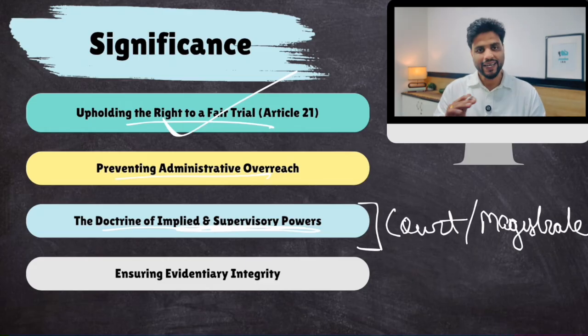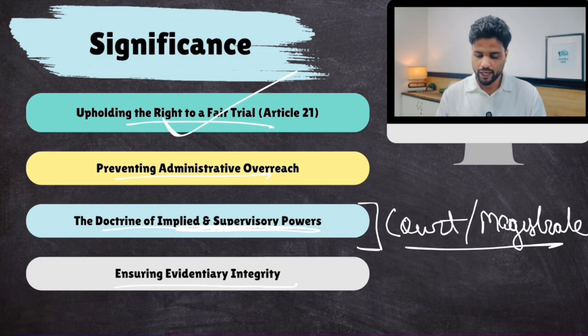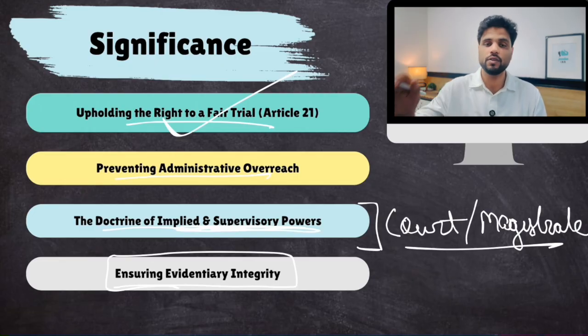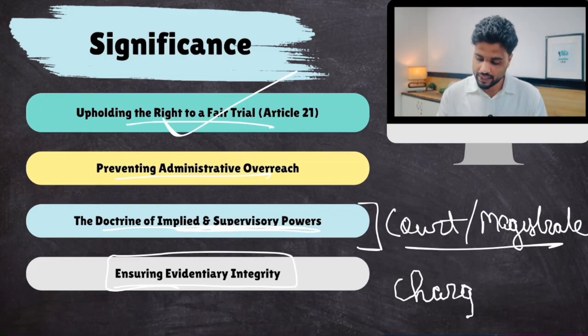This was reiterated through this judgment. And it ensures evidentiary integrity. Once you have found the evidence, submit that evidence. You cannot go out in the field and change it. Whatever evidence you have collected should be filed in the charge sheet, and then it is sealed.